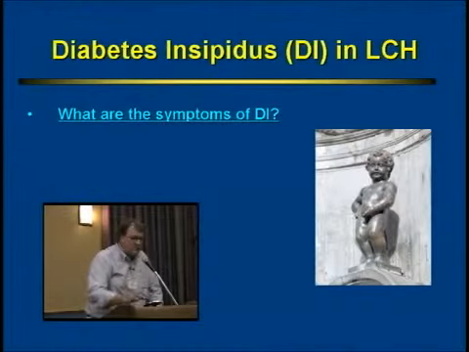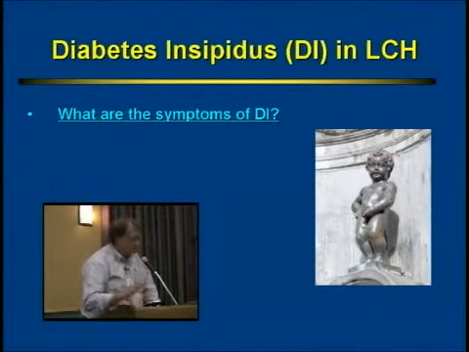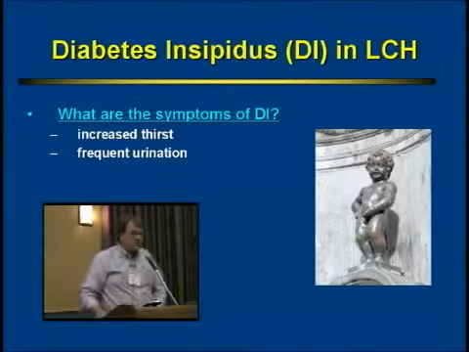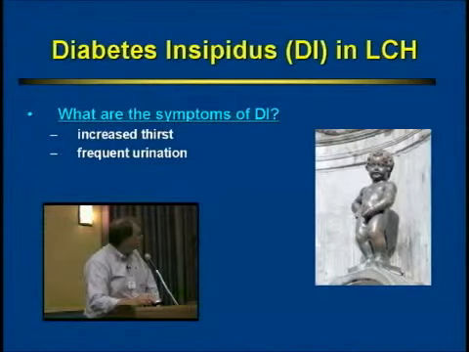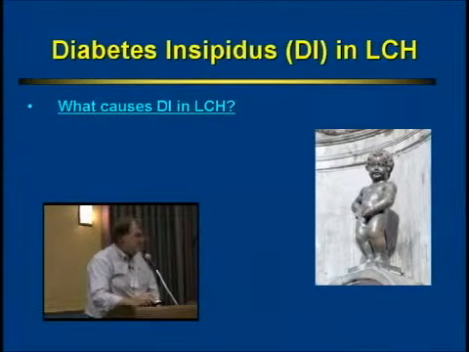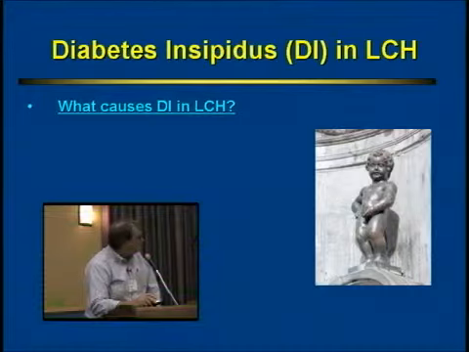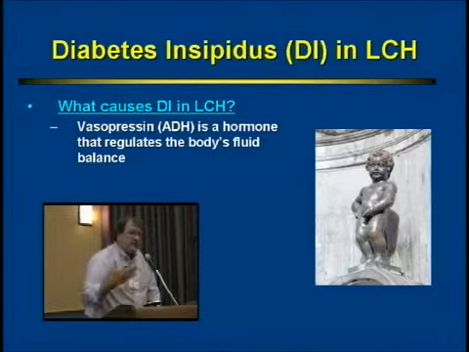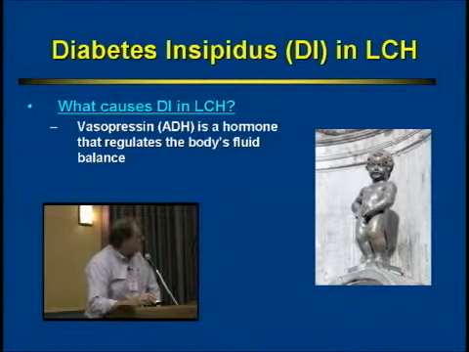So what are the symptoms of diabetes insipidus? Well, they're increased thirst and frequent urination. What causes diabetes insipidus in LCH? I think at some level we don't really know why LCH cells like to go to this part of the brain. But what we do know is that there's a hormone in your body that regulates fluid balance.